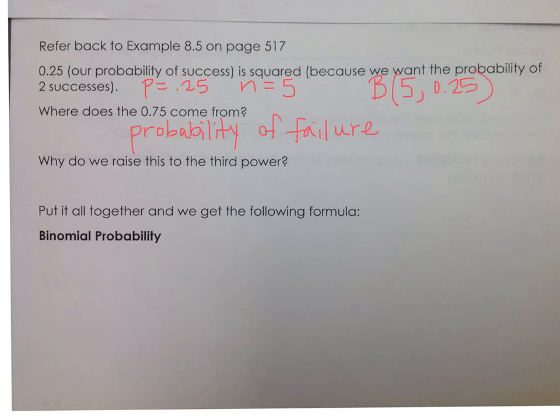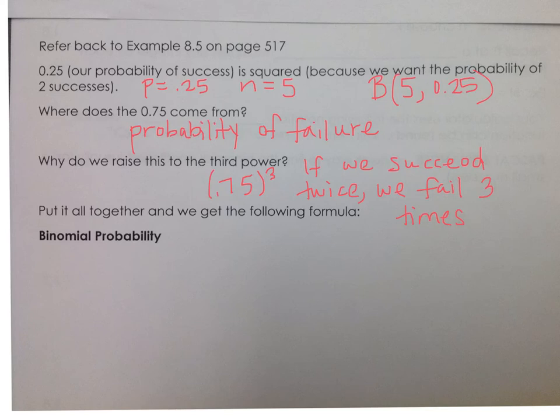We're going to raise 0.75 to the third power in our calculations because if we succeed twice, we fail 3 times to make our total of 5 children.